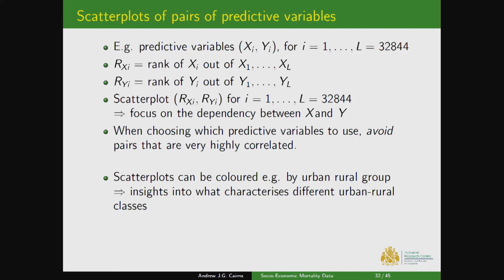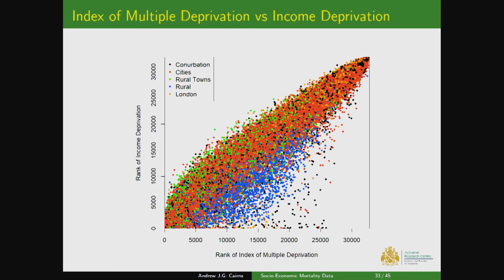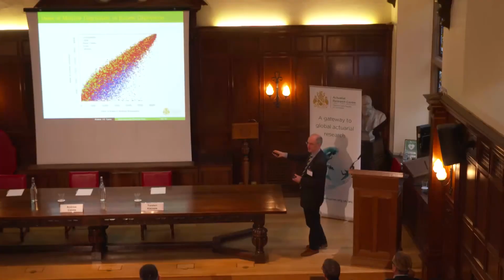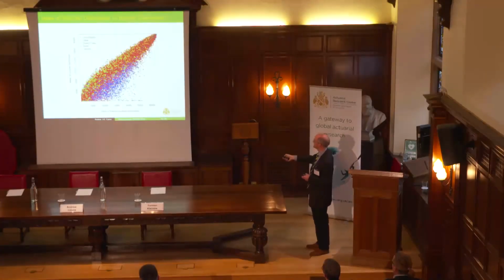And then the scatter plots are also colored by urban-rural group, because that's quite interesting in its own right. So this is the first example. We're looking at the main index of multiple deprivation and then the income deprivation. Of course, income deprivation contributes a lot to the main index, so there is high correlation.